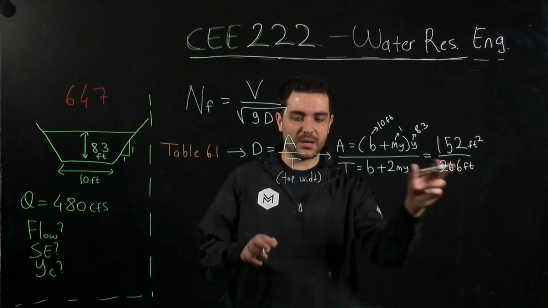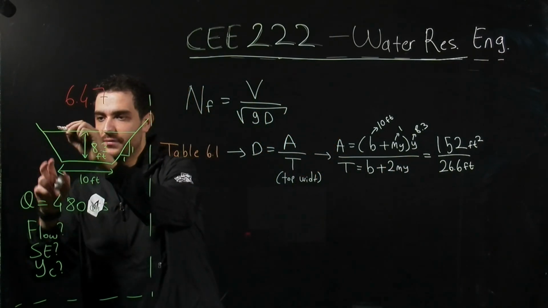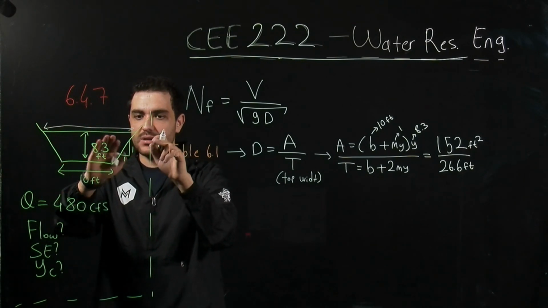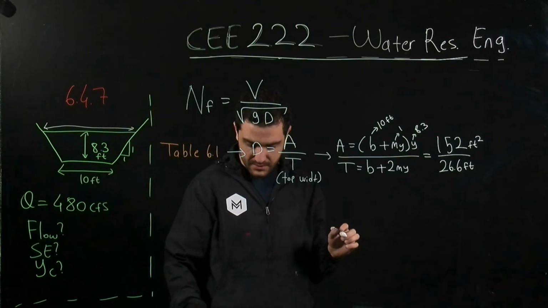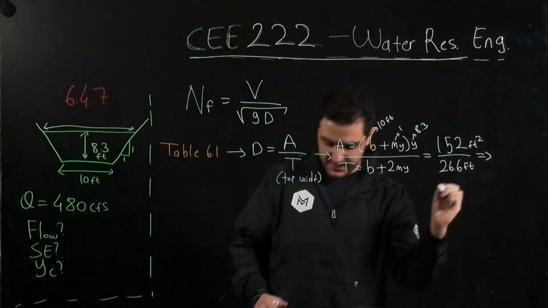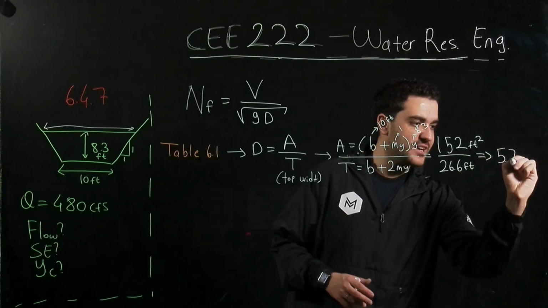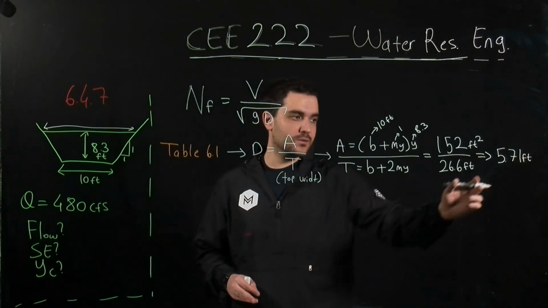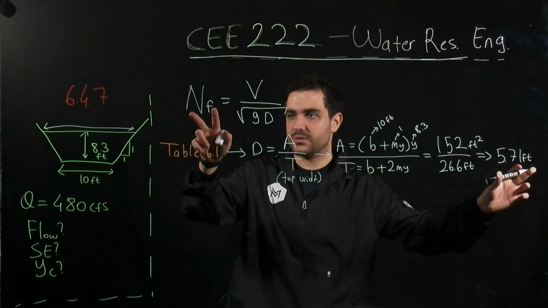We found top width as 26.6, which is the width at the top of the channel. So this is giving 5.72 feet. So we calculated the value that we need for the Froude number.